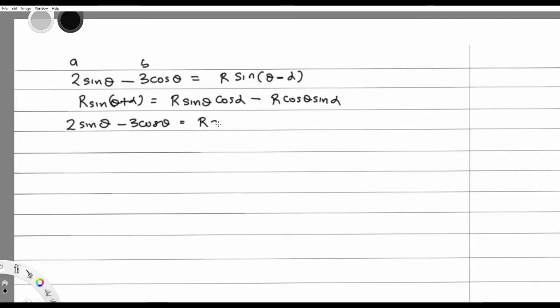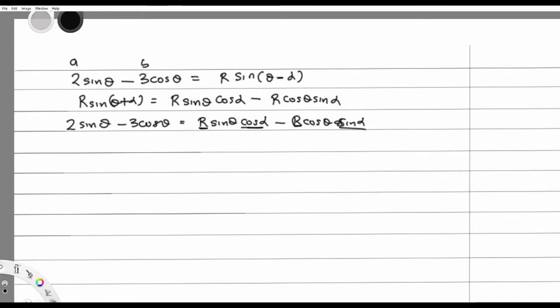R sine theta cos alpha, r cos theta sine alpha. So 2, we can then say this one and this one, this one and this one.